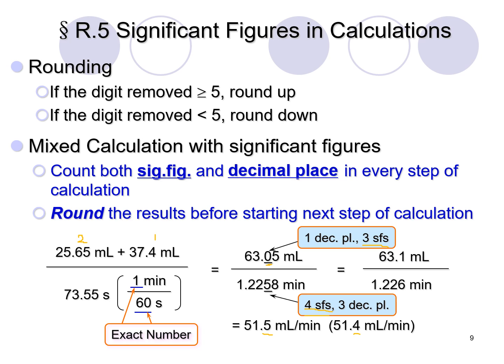I know that feeling. I was there before. It took me a while to get used to, because I was a chemistry student. So I will go easy on you guys. Just make sure that you round the result with the correct sig figs before you perform the next step of calculation.